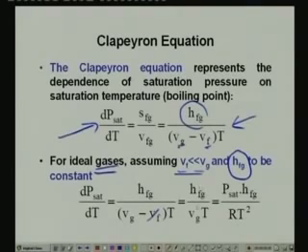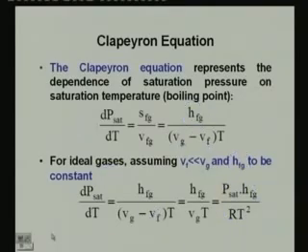So this becomes HFG by Vg into T, and Vg can be written as RT by P. So using the ideal gas equation and these assumptions, ultimately you arrive at this relation. That means dP sat by dT is equal to P sat into HFG by R T square.